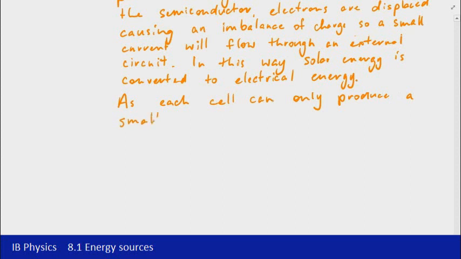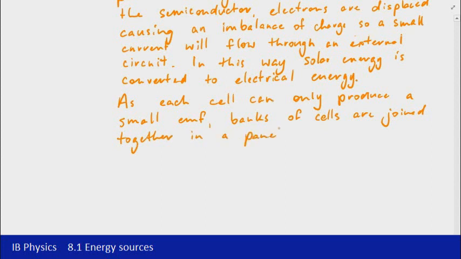It usually means that we'll have banks of cells joined together in a panel, and quite often you'll see that you need a number of panels in order to produce enough electricity.